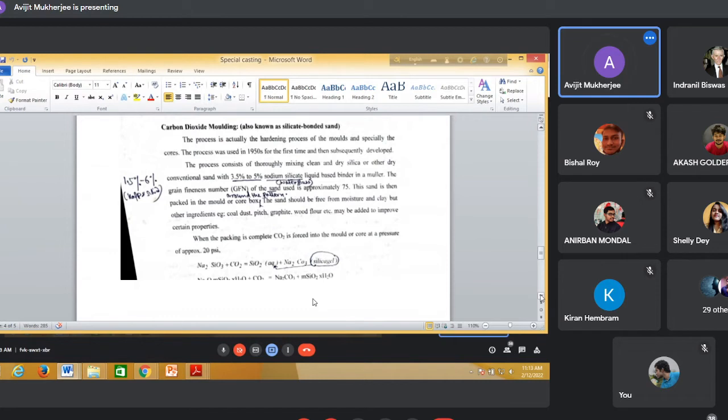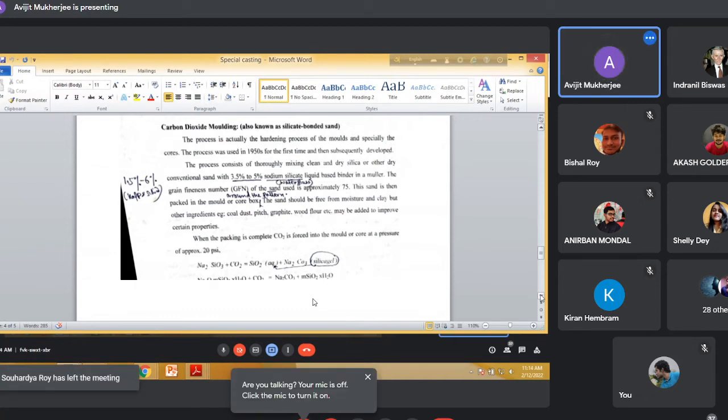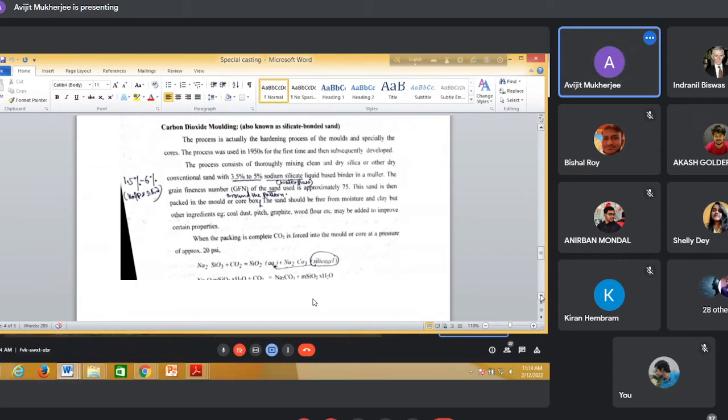What is the process? Here, very fine, dry, clay-free silica sand is used. Mind that clay-free, no clay should be used here as binding material. So any clean, dry, conventional sand, meaning silica sand. The grain fineness number is approximately 75 GFN.